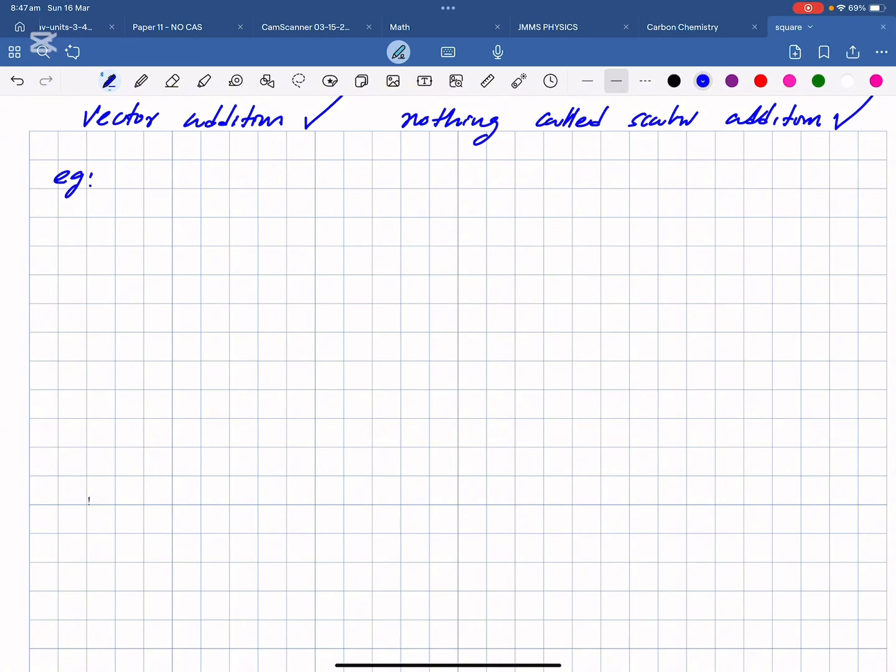Suppose I'm going to have a vector from this O, this is a point, simple A. So this is a vector, right? I'm going to have another one, B. Okay, like that.